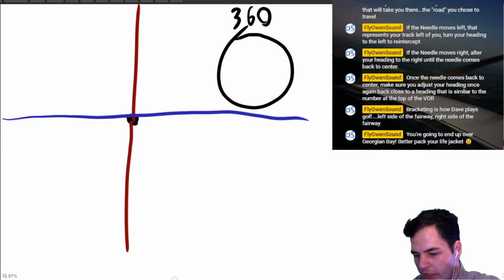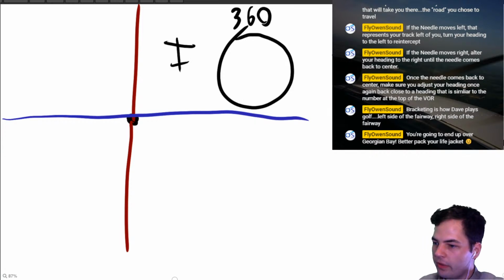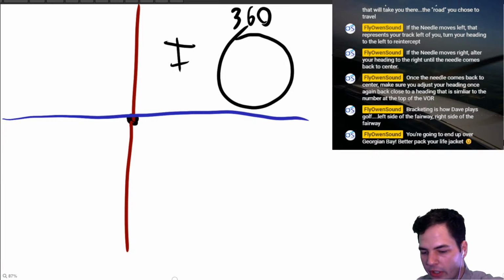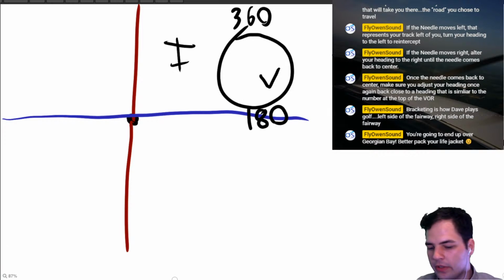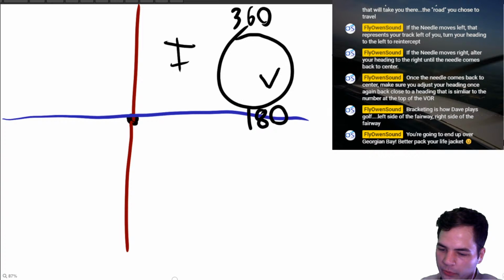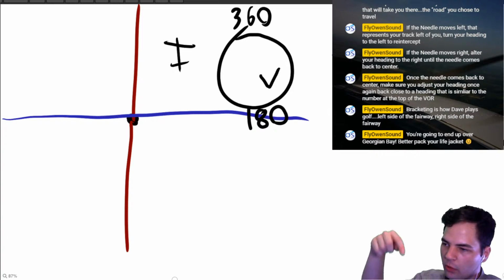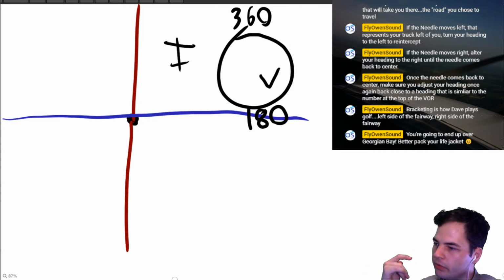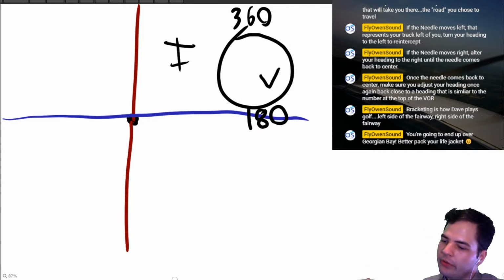Ignoring the needle entirely for a second, if my airplane was over here, we still have the same 360 at the top, and we're still going to get a from indication. At the bottom of my indicator, it would say 180. The arrow is pointing to 180, so the indicator is telling me that the VOR is to the south of me. It's not due south, but it's somewhere south of us.